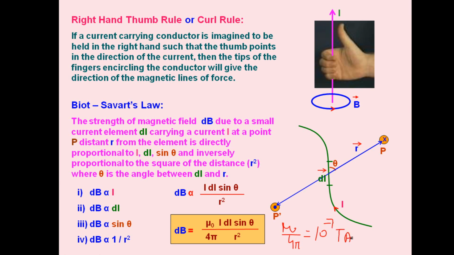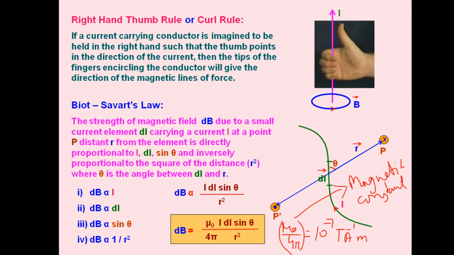Tesla ampere inverse meter, and here the term mu naught by 4 pi is called magnetic constant. The entire expression in the bracket, we call it as magnetic constant. In the same way, we had electrostatic constant in electrostatics.